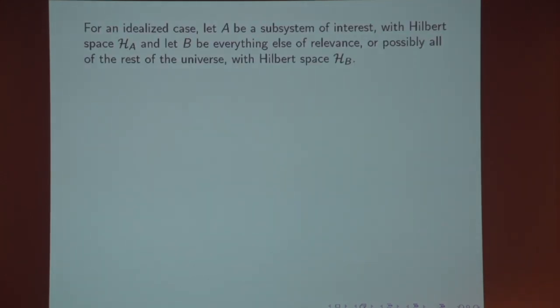So for an idealized case, let A be a subsystem of interest with a Hilbert space H_A, and let B be everything else, or maybe all the rest of the universe, with a Hilbert space H_B. So the combined system has a tensor product Hilbert space H_AB, the tensor product of H_A and H_B.